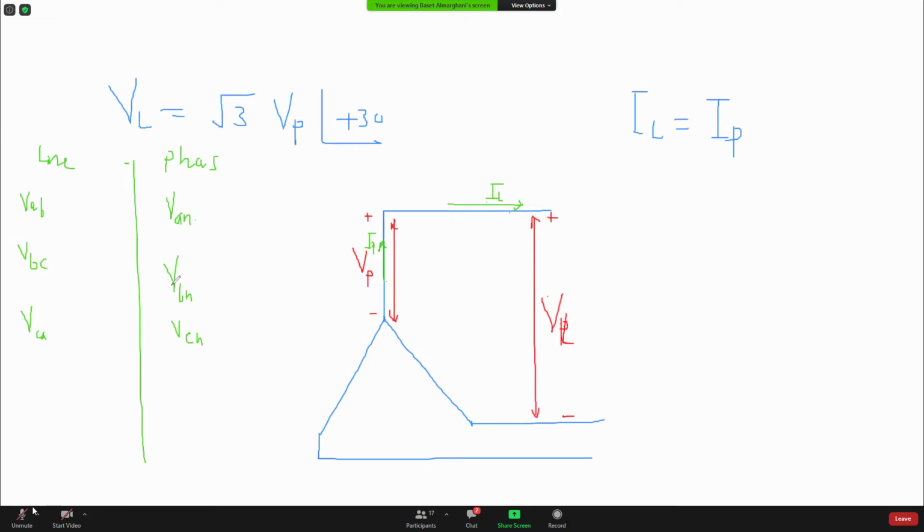VAB is VA minus VB, or another way, it's square root of 3 times VA, and you add 30 degrees.